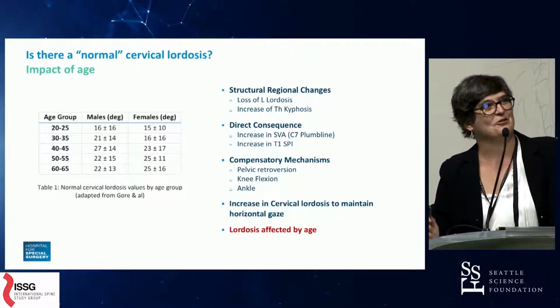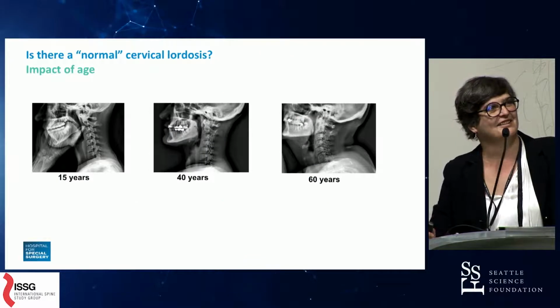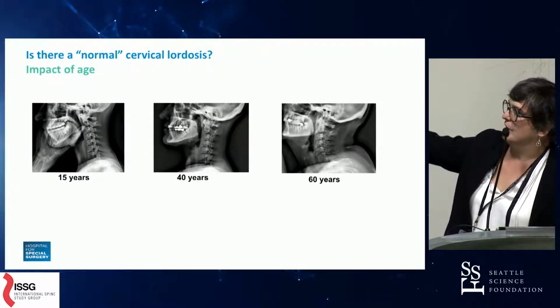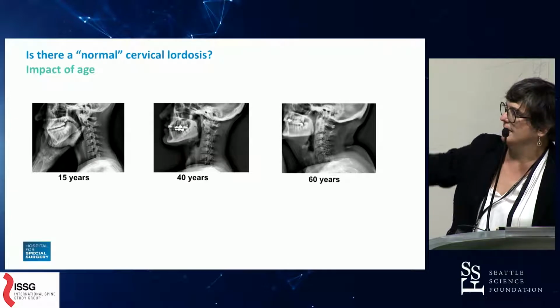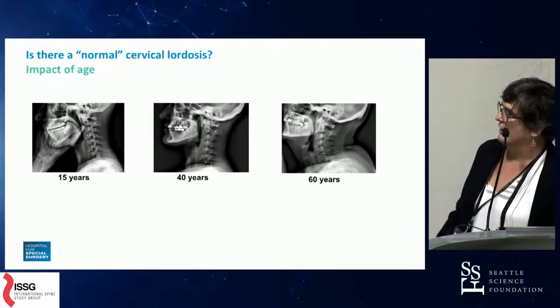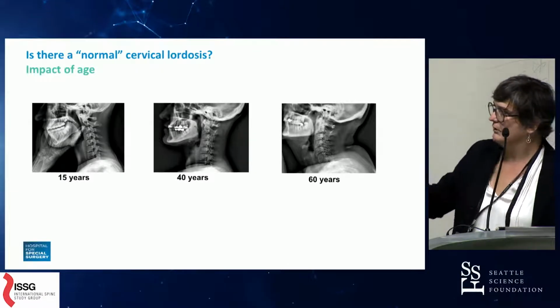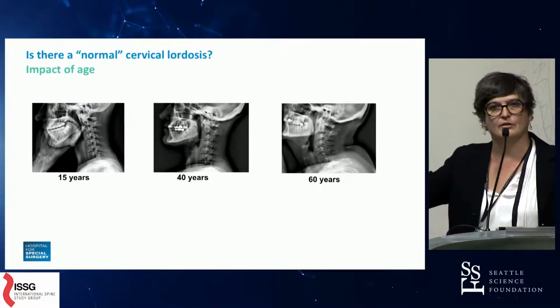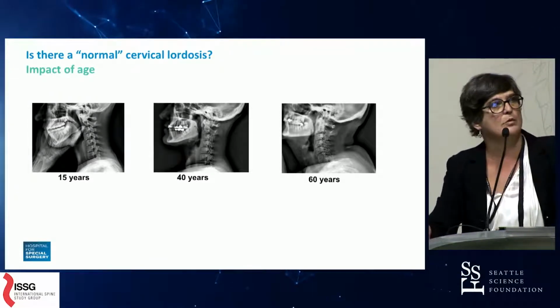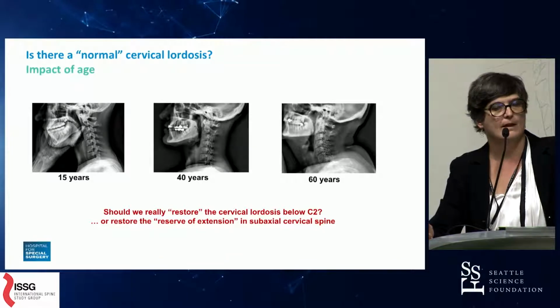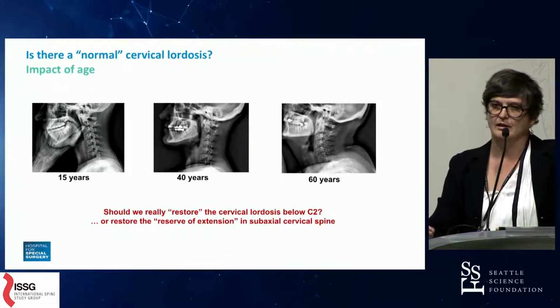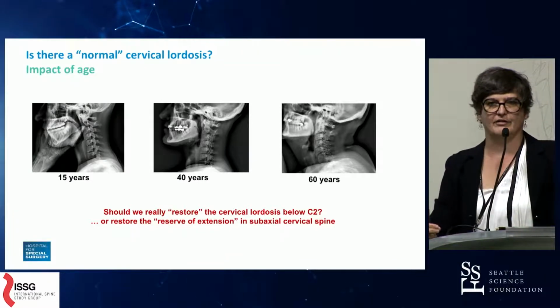But that's not all. And here you have some illustrations where you can see a young adolescent, a young adult, and an older one. It's not huge, but you can see the cervical spine becoming more and more lordotic. And so this raises the question: should we always restore cervical lordosis?